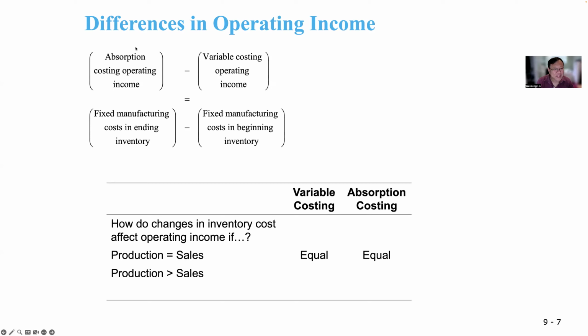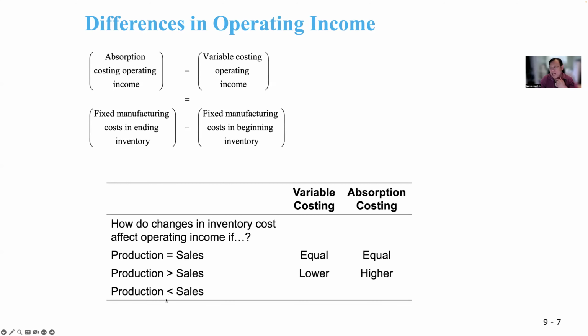So my first income should be greater than the second income. So in that case, my absorption costing income should be higher than the variable costing income. Okay, so absorption costing income is higher than the variable costing income.